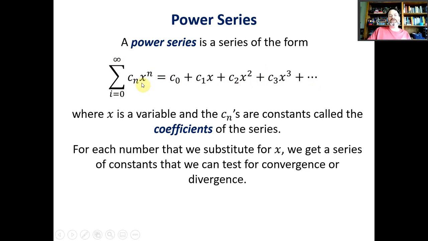So what happens is that you plug numbers in for x, and then you get either convergence or divergence, depending on what numbers you plug in. And so we can use the ratio test to figure out the range of values that converge, and then we check the endpoints with our other tests.